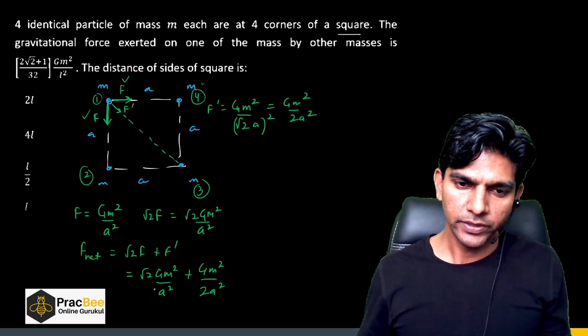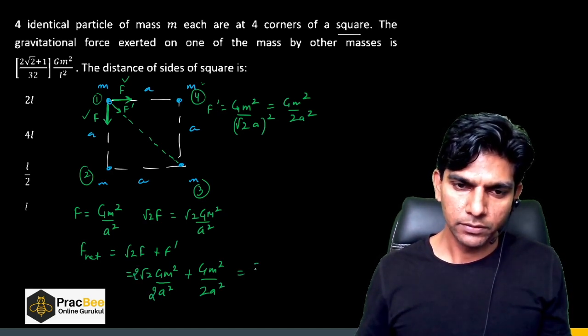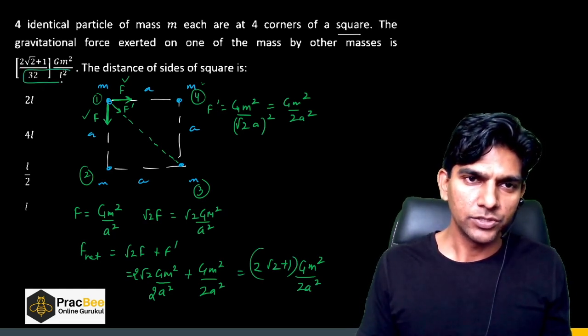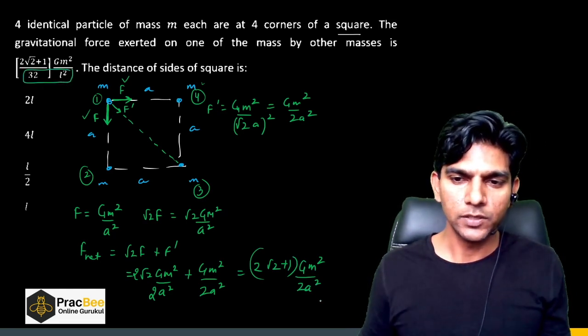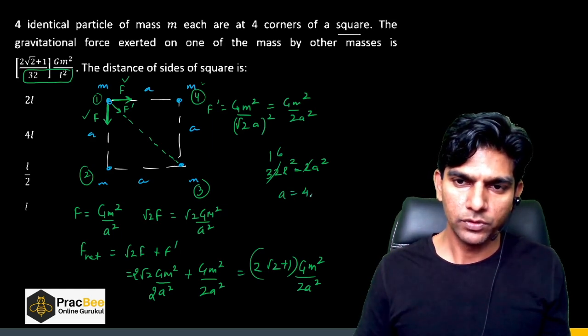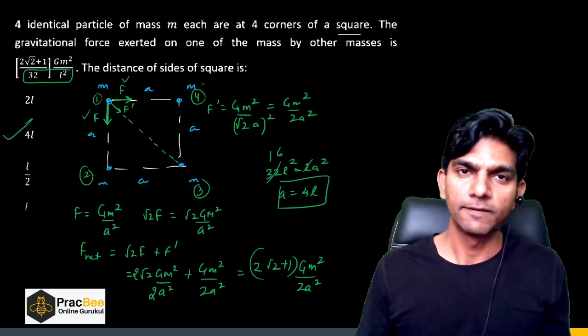So if I multiply and divide by 2, we will get (2 root 2 plus 1) G m square by 2a square. Now in the given expression, this 32 l square is nothing but 2a square. So 32 l square is 2a square, and from here a will be 4l. So 4l is the answer.